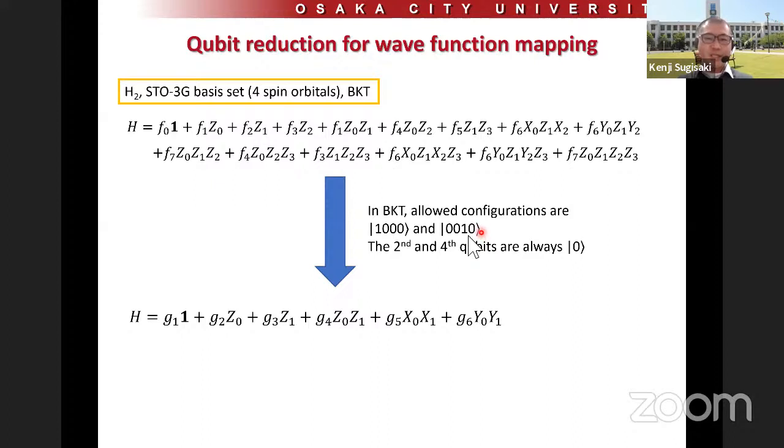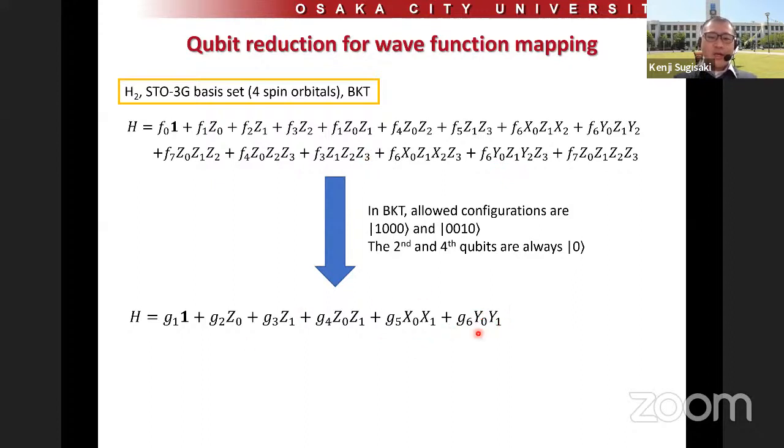So it means the second and fourth qubits are always 0. So we can exclude the second and fourth qubits from the computation because the quantum state doesn't change from the source state. In that case, we can map this original 4-qubit Hamiltonian into a 2-qubit Hamiltonian.